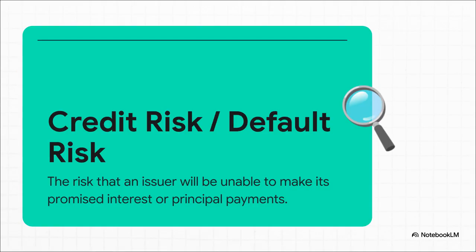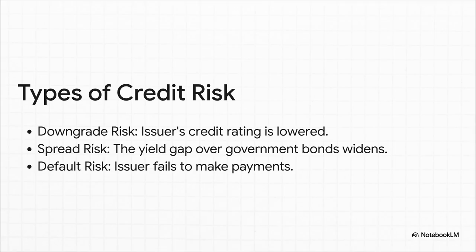Next up, we have credit risk, which you'll also hear called default risk. This one is all about a simple question. Is the borrower going to be able to pay you back? It's the risk that the company or the government that issued the bond might run into financial trouble and fail to make its promised payments. Now, credit risk comes in a few different flavors. First, there's downgrade risk.